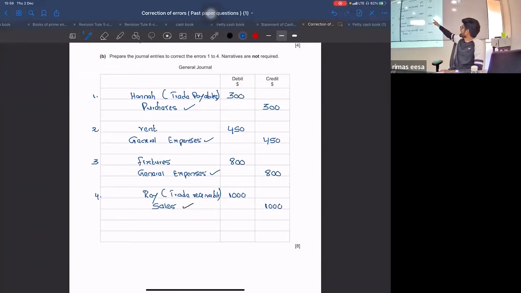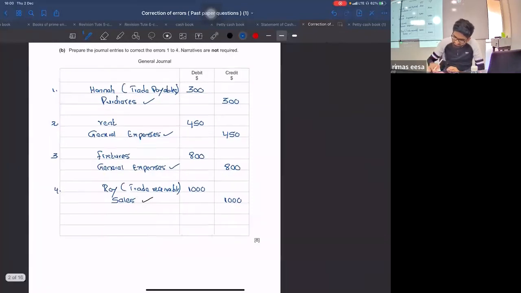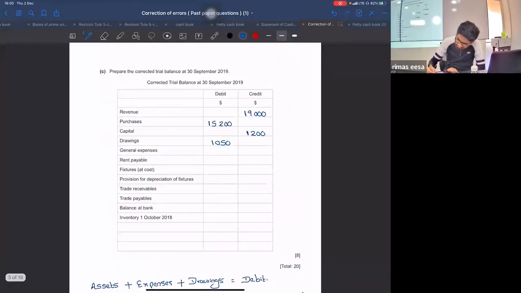When you go and enter 450 on the credit side, will it increase or reduce? Reduce. Opposite side, no, it will reduce by 450. Again, you are going and entering another 800 on the credit side. It will again reduce by another 800. So 1,720 minus 450 minus 800. Is it 470? Go and enter 470 for general expense on the debit side.